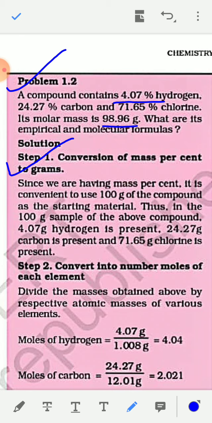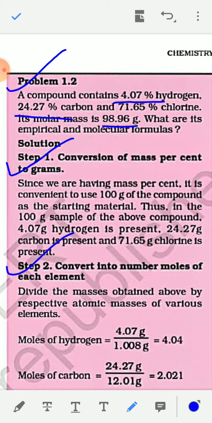Carbon is 24.27%, that means the mass of carbon is 24.27 gram out of 100 gram, and chlorine is 71.65%, that is, mass of chlorine is 71.65 gram out of 100 gram of the compound.